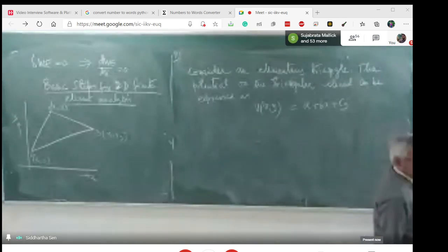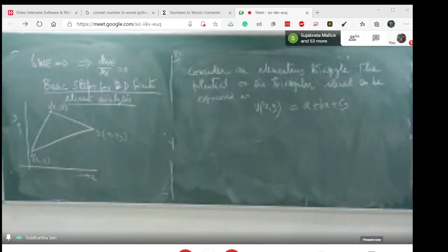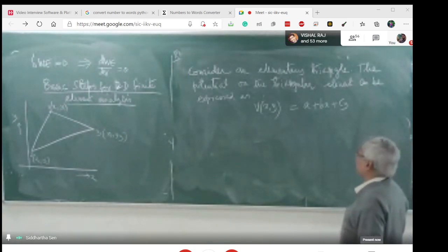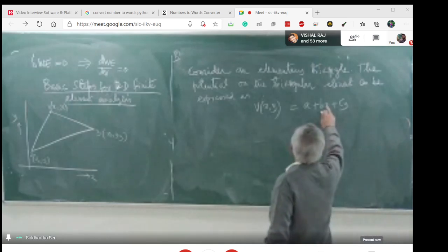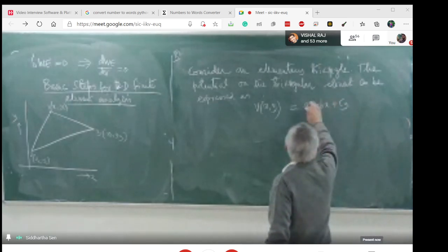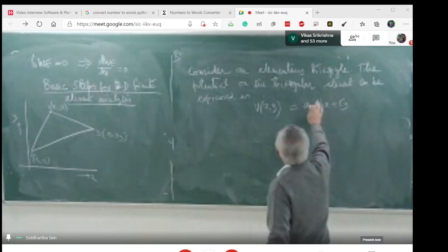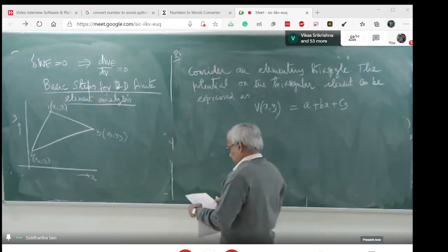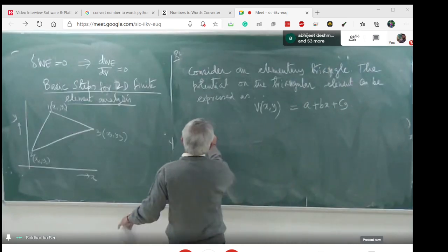Mind it, there is no square term, no xy term or the like. So this is our simplified assumption: the potential depends upon some constants and x and y in a linear way.